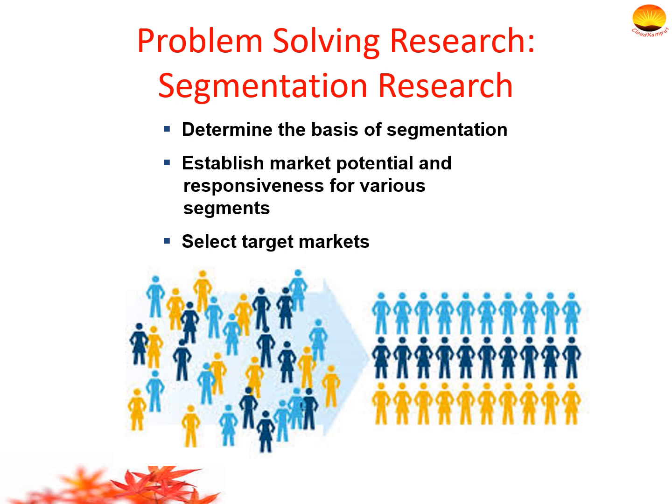Next is establishing market potential and responsiveness for various segments. We determine what are the various ways through which these market segments can be utilized to increase the sales of the organization. How can we churn the market potential?